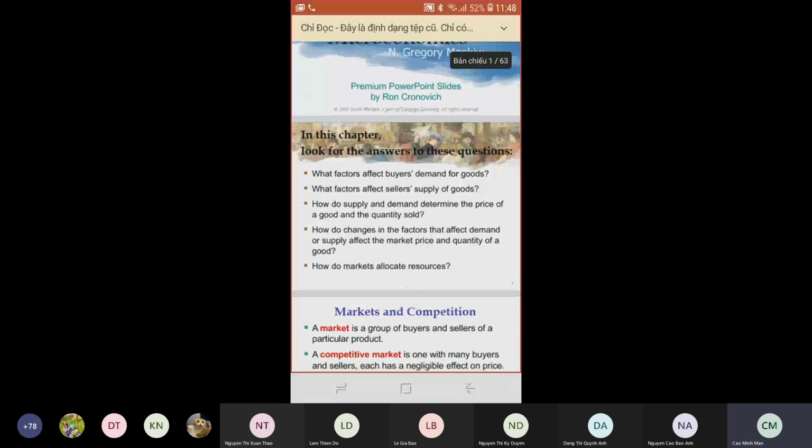And you know what? This is an easy to understand chapter. Even though this law is very famous in economics, it is easy to understand.